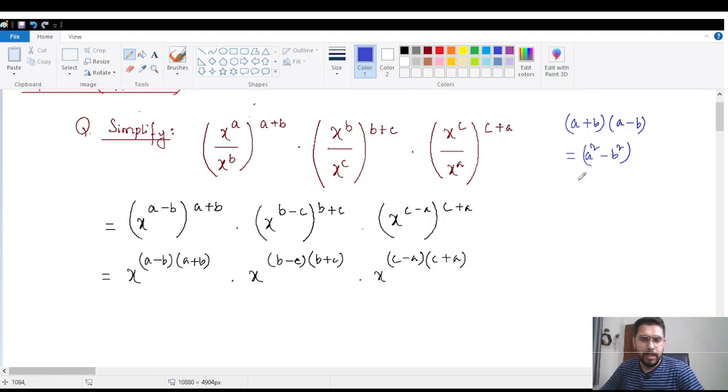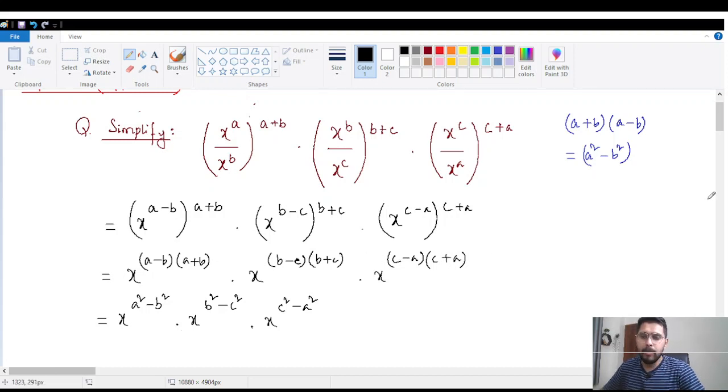So if I apply this formula here, what am I getting? It's x raised to the power of (a square minus b square) times x raised to the power of (b square minus c square) times x raised to the power of (c square minus a square). The same logic I have written for all these three.